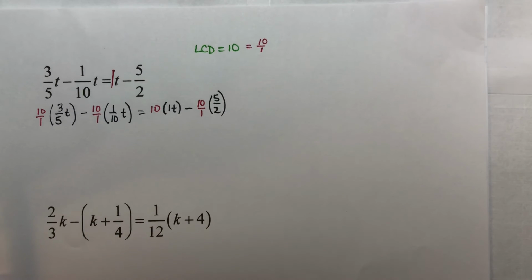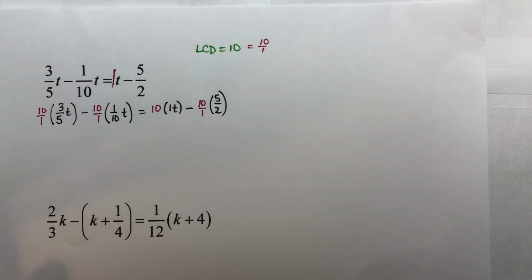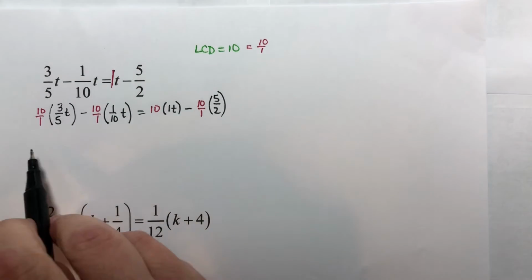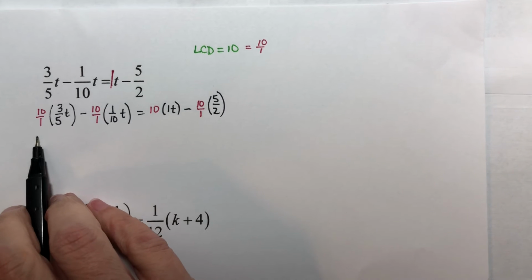Now, if I've done this correctly, every single denominator should go away and I shouldn't have any fractions left. All right, so let's look at multiplying these two fractions.